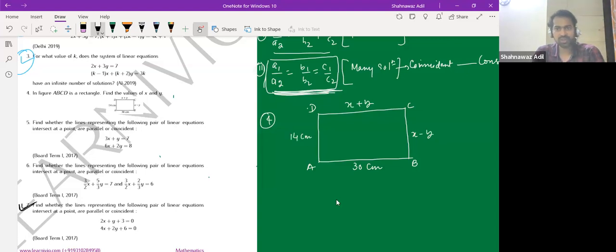So Amira, what will you do in this question? Yes, we have to find x and y. We can apply the perimeter formula for a rectangle. Do we know the perimeter of this rectangle?